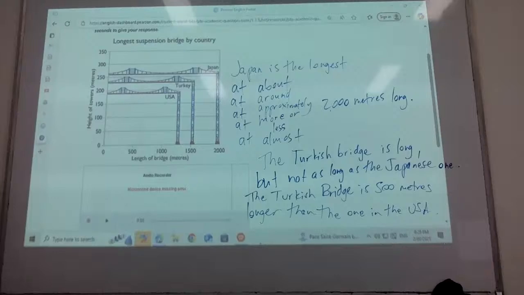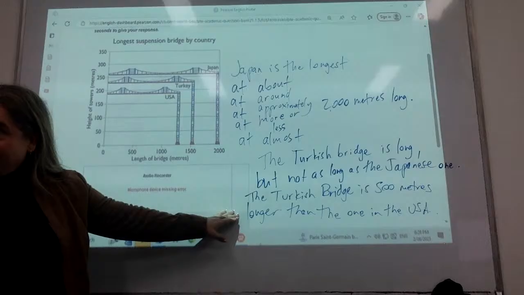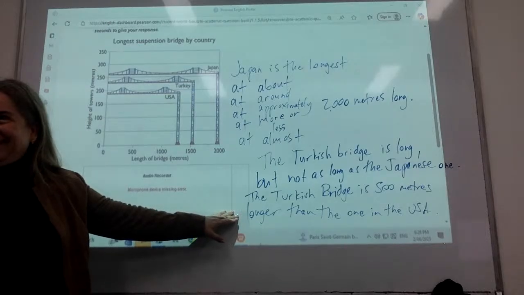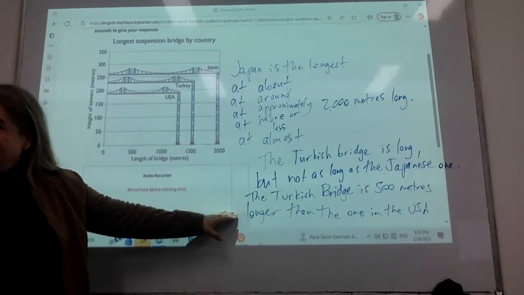Teacher, in this exercise, this is the FPP. It's speaking. Well, this is how you're supposed to respond. This is what you need to do.